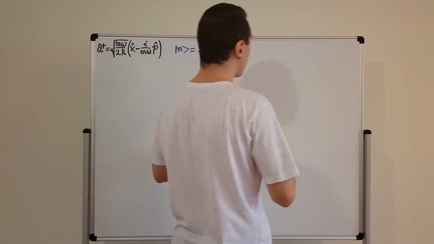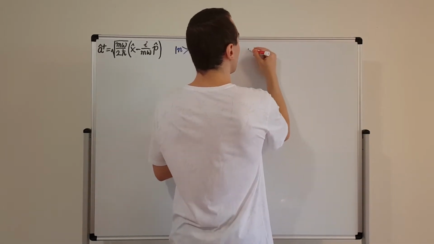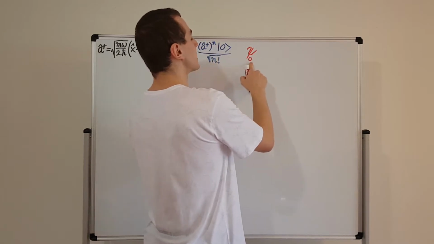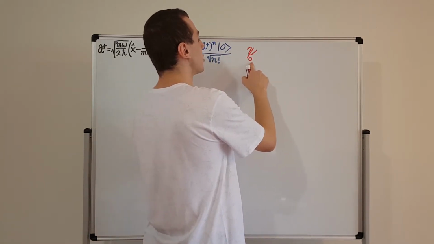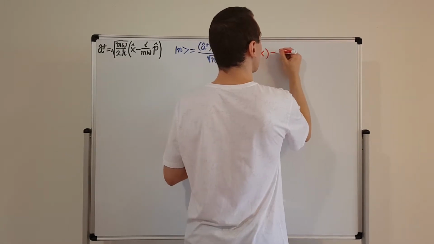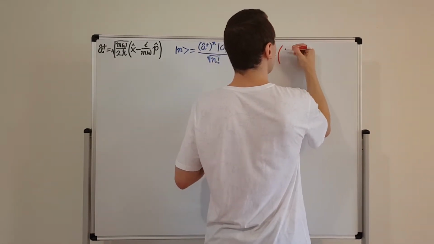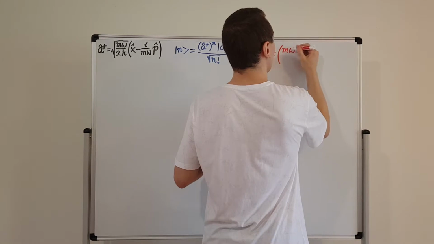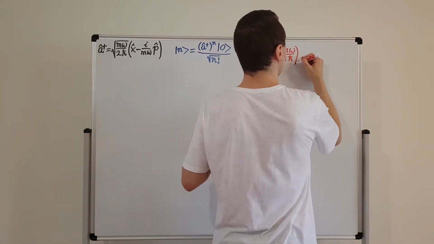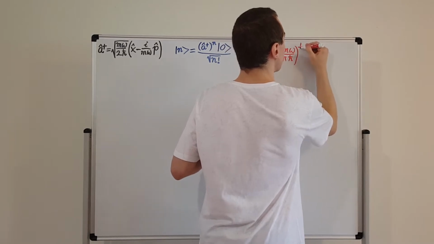And finally, what I want to write is the form of the ground state wave function, labeled by psi sub 0, also known as psi naught. This depends on x because we're in the position representation. The normalization coefficient is m omega over pi h bar, to the power of a quarter.